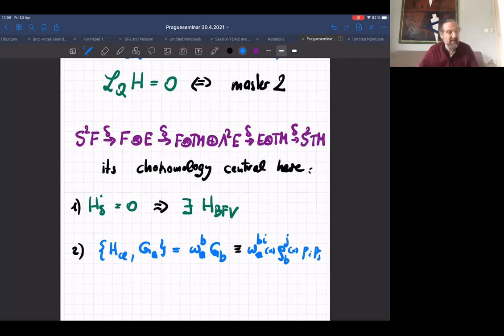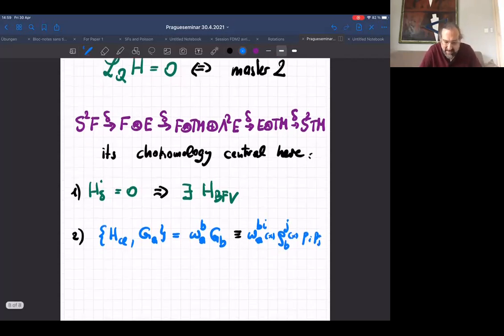And now one may ask, for example, about the ambiguity in the choice of these omega AB, like we did before for C ABC.